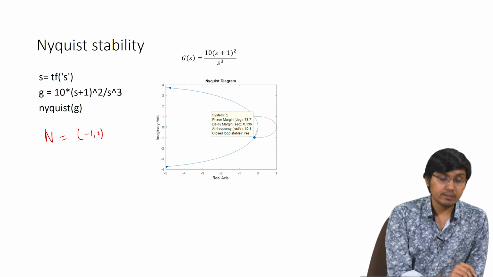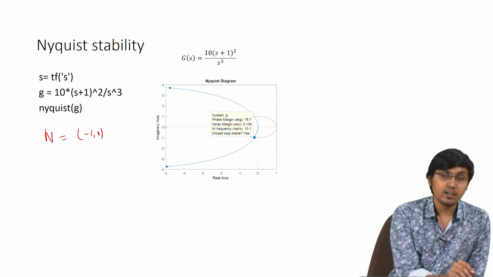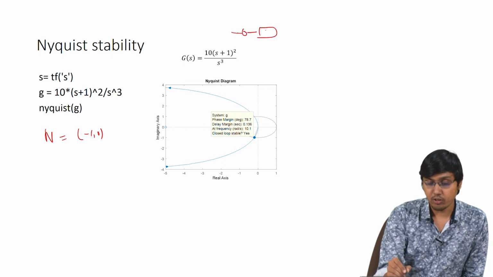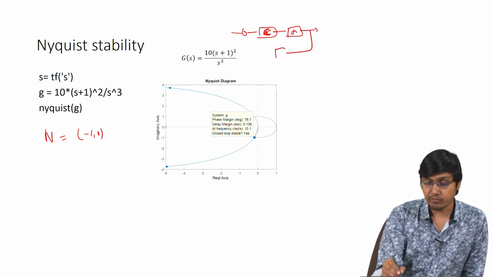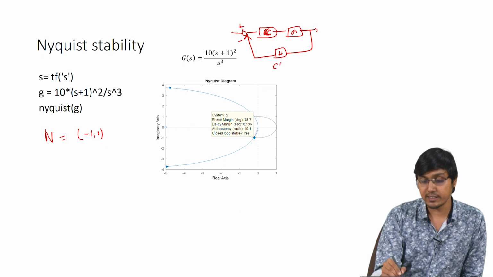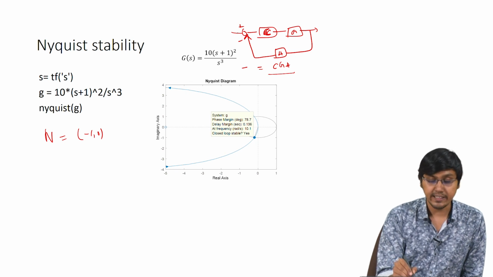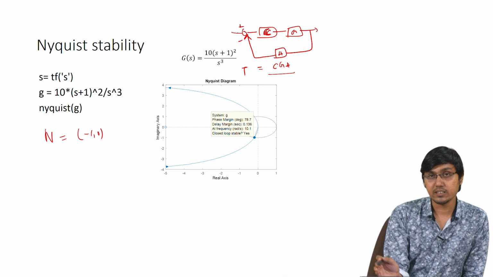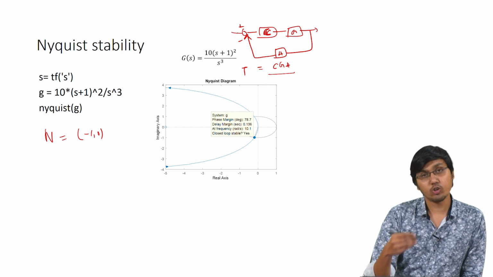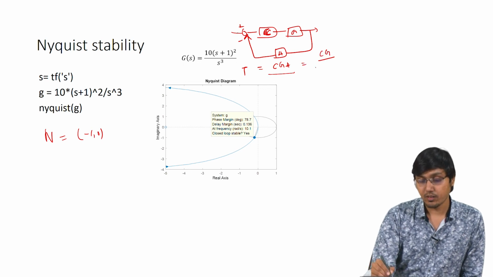Remember, you are drawing the Nyquist plot for the open loop transfer function. If you have a loop with a controller C, a process G, and a feedback H, then what you draw the Nyquist plot for is C into G into H. Say you call this transfer function T. This is the open loop transfer function, but the closed loop transfer function is CG by 1 plus CGH.